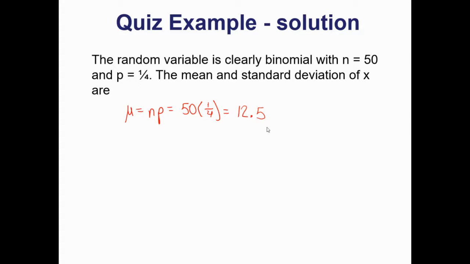Okay, they also asked for the standard deviation. So that's the square root of npq. So I know n is 50, p is 1/4. What's q? Not p, which is 3/4.